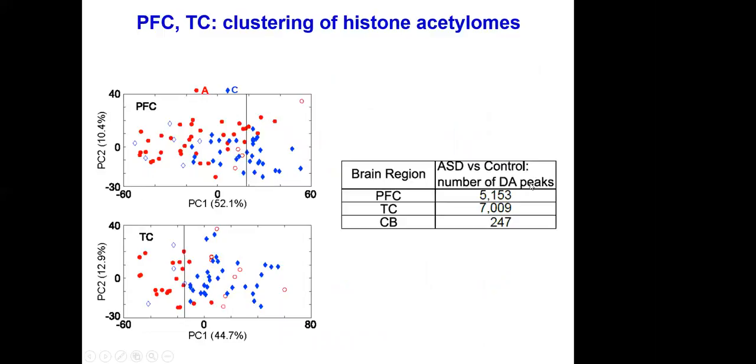So in all, we got a good over 5,000 differential peaks in prefrontal cortex and temporal cortex between autism and control. In cerebellum, we got only 250 differential peaks. This is not too surprising. My colleague Dan Geschwind has done transcriptomics on these same 3 brain regions, and he actually found 0 differential gene expression in cerebellum between autism and control.